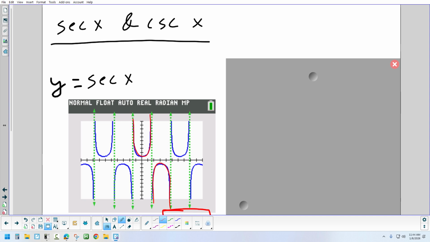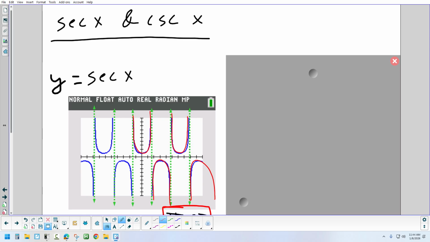That's a full cycle. Each U shape and N shape keeps repeating forever. So if I draw a box, if you want to see exactly what one cycle is, where I have the purple box, that is one cycle of secant.